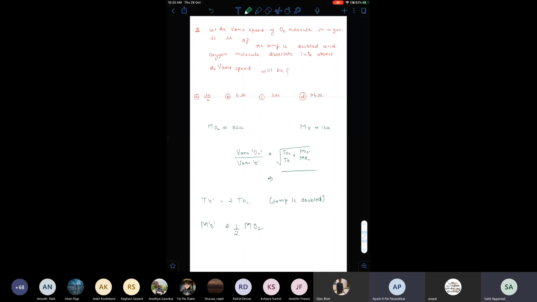It will come out to be 2, 1, root 1 by 4, that is 1 by 2.